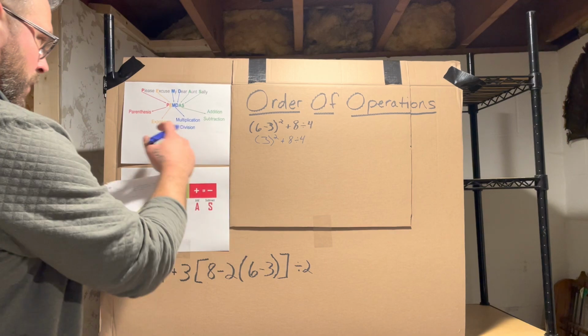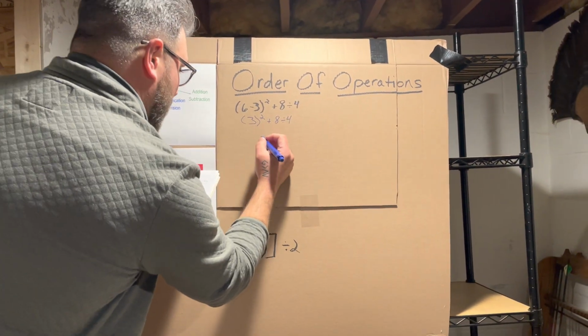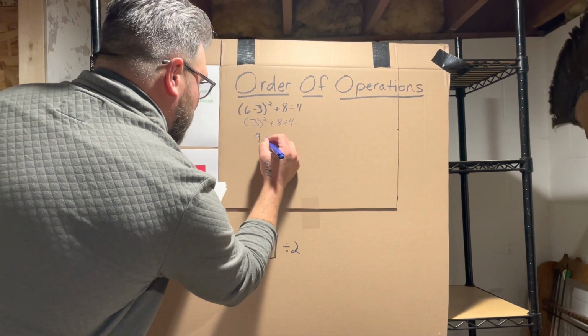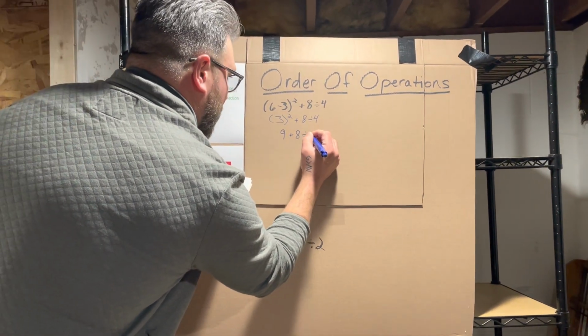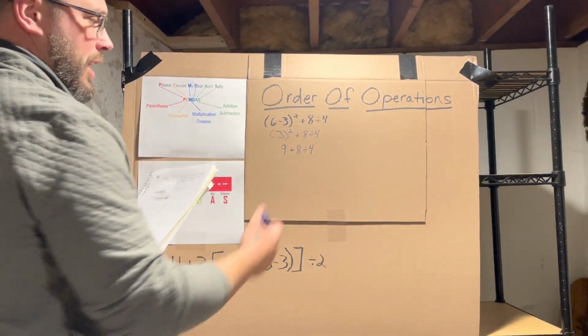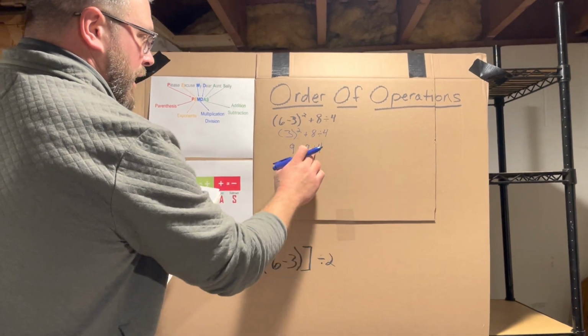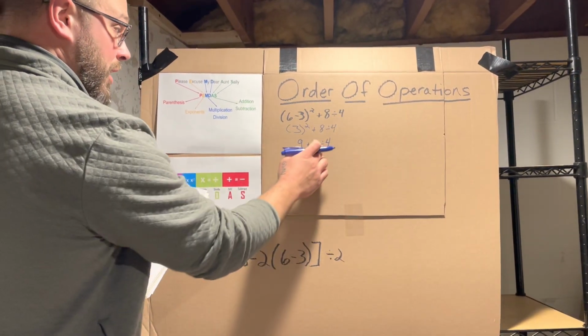Now, we know going in with the PEMDAS method, we have exponents next. So 3 squared is 9. Then we're going to write out the equation again, and we're going to continue to go down the order of operations. Now, a lot of us would think, oh, 9 plus 8, that's easy, 17. But wait a second, we're not just working left to right. We need to follow the order of operations.